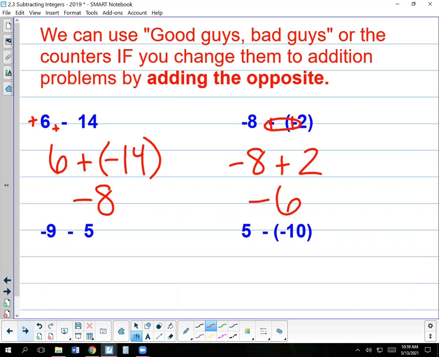Okay, last two, just again, the more you see it, the easier it'll be. I got negative 9, I don't change that, right? Nothing involved there. And what do I have? A negative 5, right? I got a negative 9 and a negative 5, so therefore I have all bad, so I add them, correct.